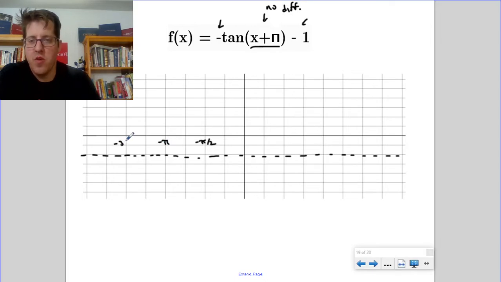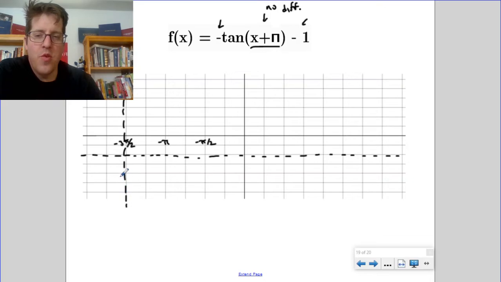We can start this one at negative 3 pi over 2 just for the sake of argument, and that is not going to make a difference. So we've shifted pi units to the left. We start normally with an asymptote.